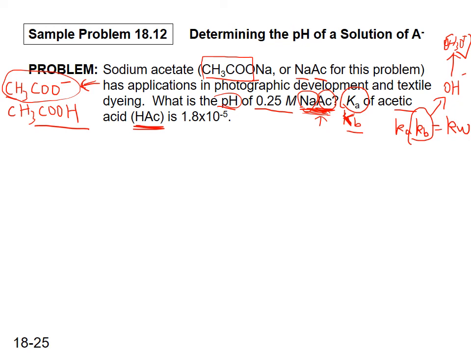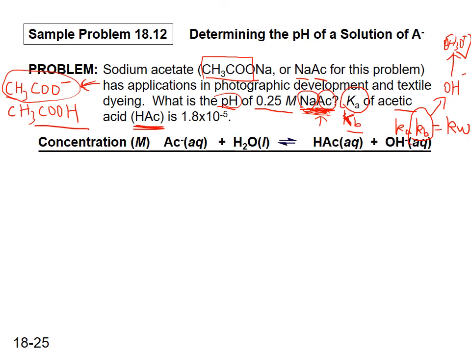All right, so first we write the base reaction. The base reaction is the anion, which serves as a base, taking a proton away from water to form the conjugate acid plus hydroxide. So that's the base reaction in water. As usual, we draw the initial concentration, 0.25. That's the given for the salt.